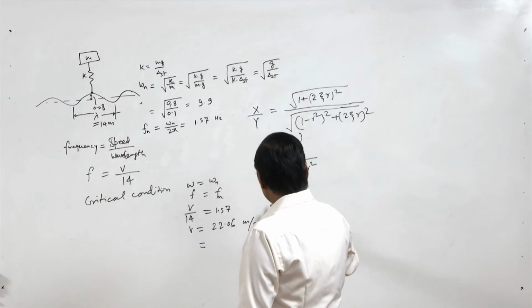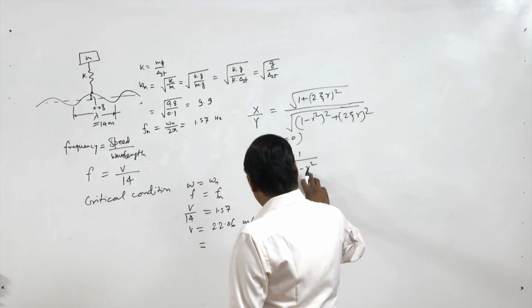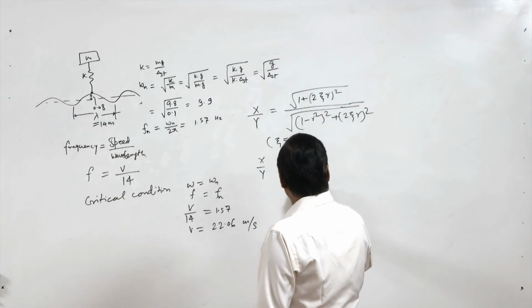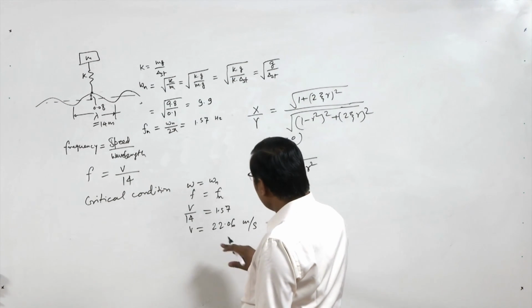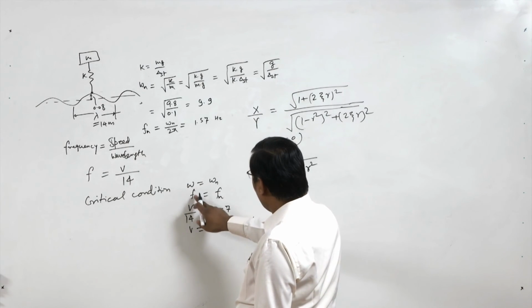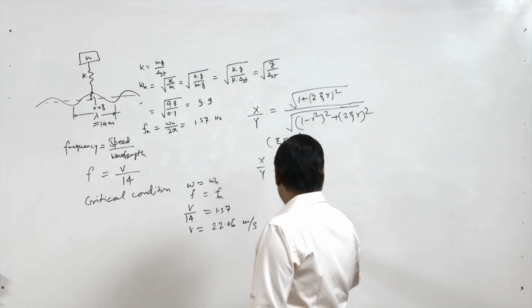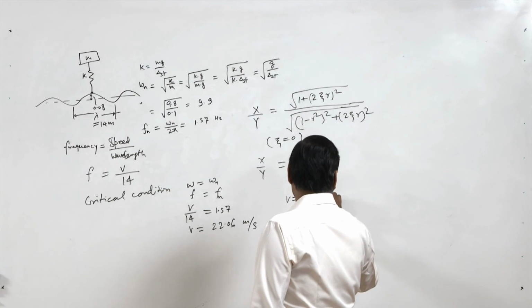We have to first get omega when our speed is 60 km per hour. So v equals 60 km per hour.